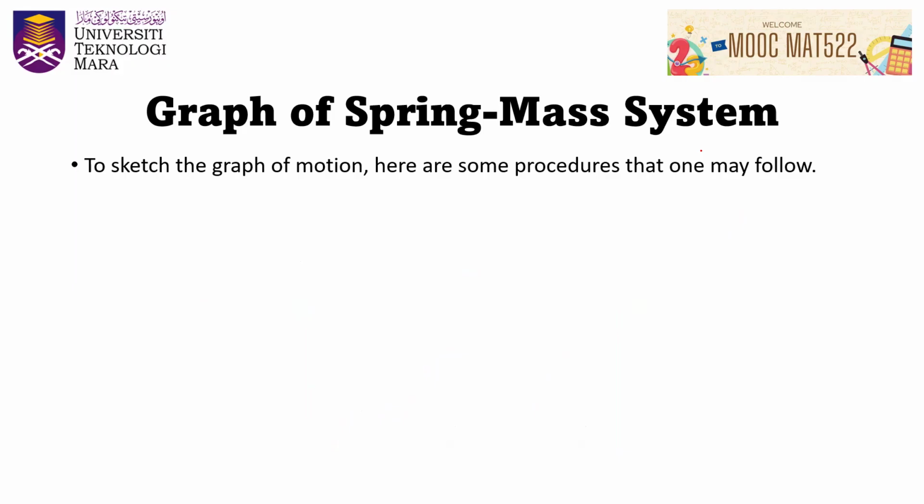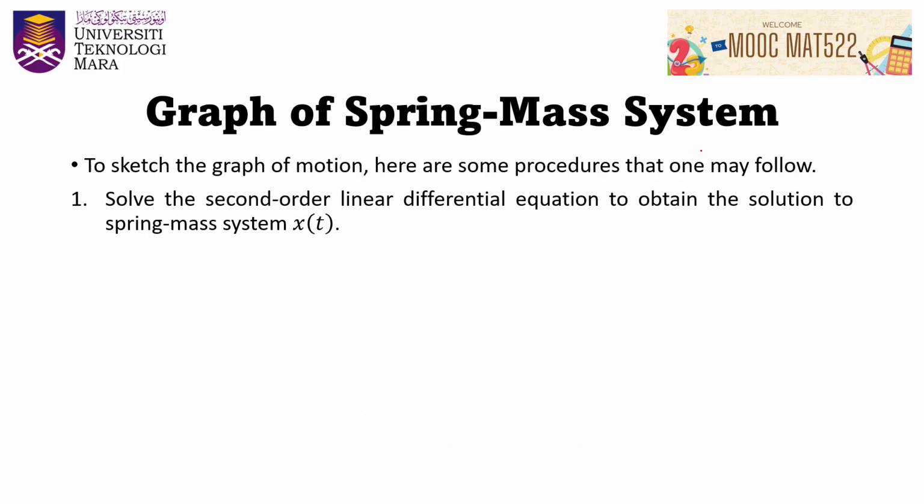Now, to see how we can sketch the graph of motion, here are some procedures that you may follow. We recall that in the calculus course, in order for us to learn how to plot the graph, we need to first obtain the function.